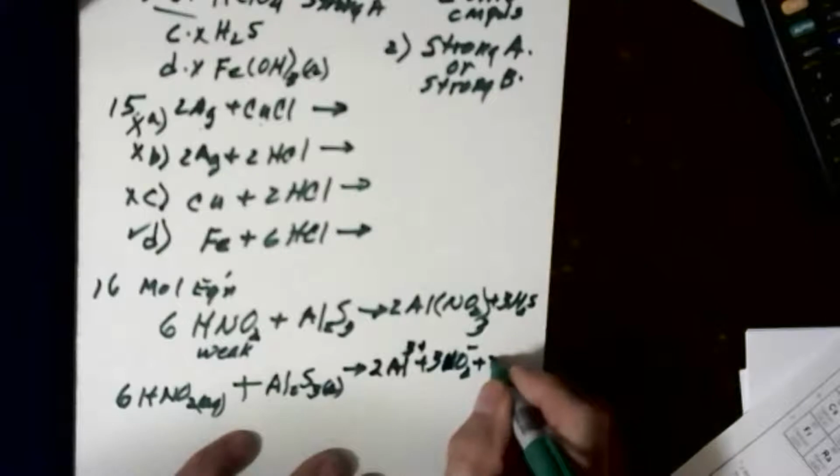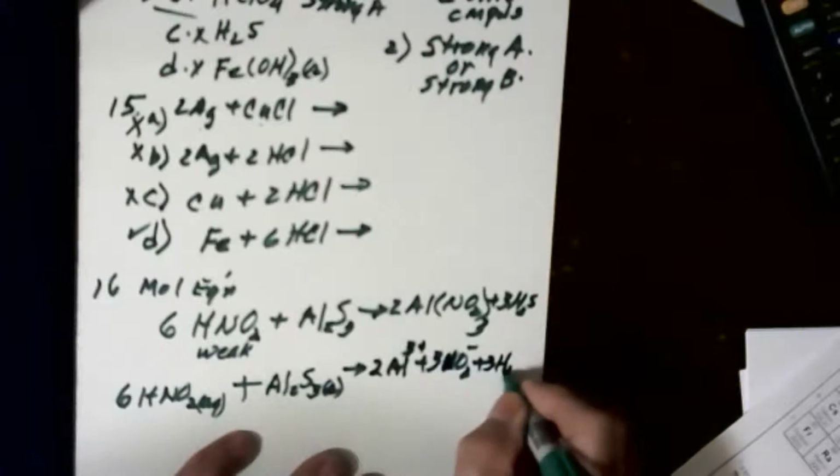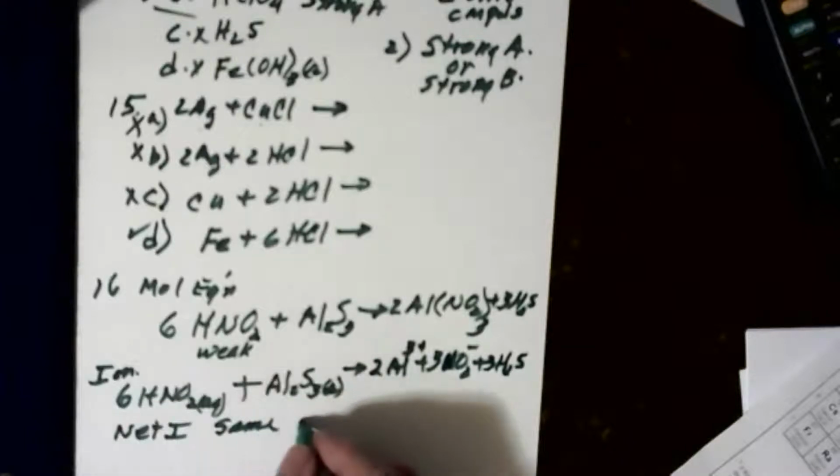It doesn't separate. 3H2S. Now, this would be the ionic equation. To get the net ionic equation, we cancel out anything that appears on both sides. So the net ionic equation is the same. There's nothing to cancel out. And nothing on this side that we can cancel from this side. So it's the same one. Now, that would be answer A on your quiz question.